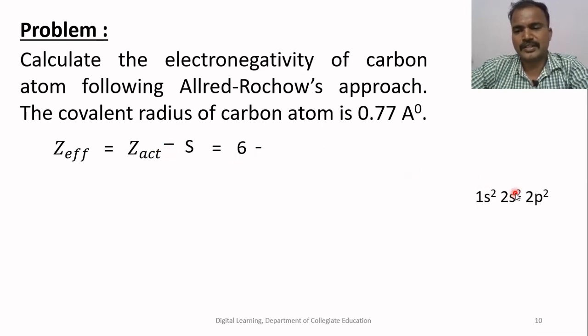For that, you consider the electronic configuration of carbon. It is 1s2, 2s2, 2p2. There are 6 electrons and they will experience different shielding effect.